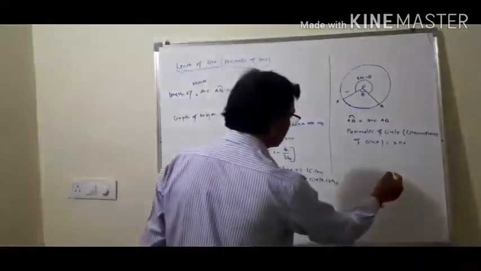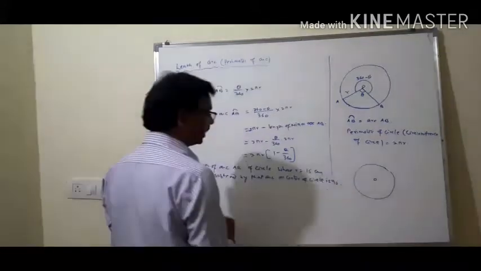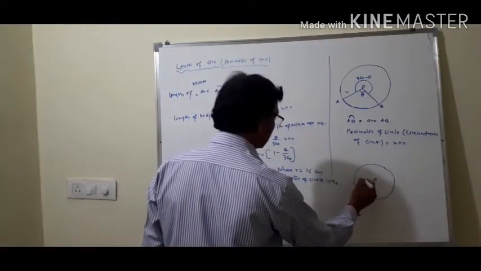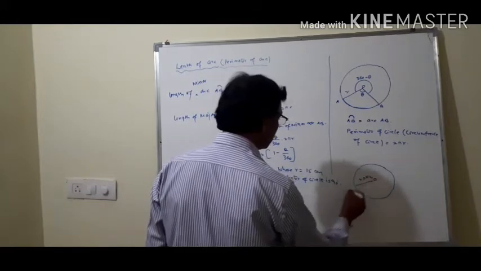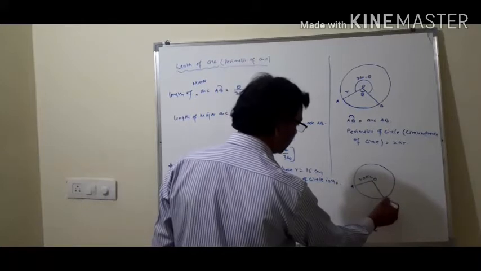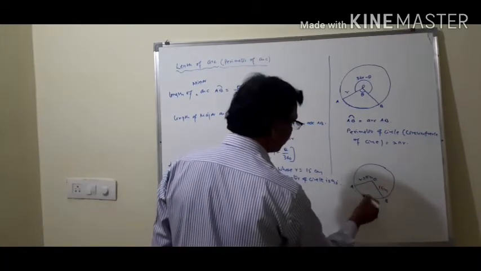Now suppose this is a circle, O is the center of the circle, this is the radius R equal to 15 centimeter, and this is OA. Now another radius, this is B, OB, and this is also 15 centimeter.